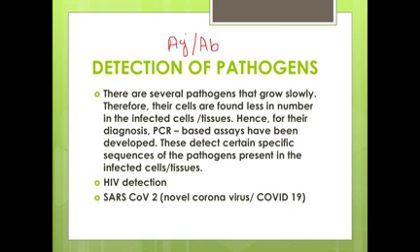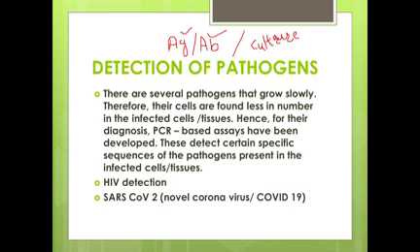The presence of either antigen or antibody in the body confirms the presence of the pathogen. Another traditional method is the culture method. In the culture method, we culture a given sample in a lab so as to look for the presence of the pathogen in it.